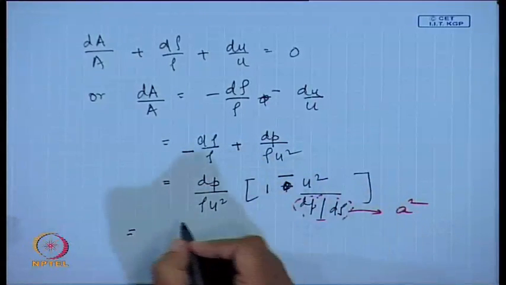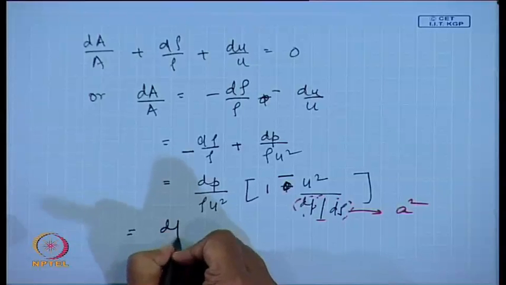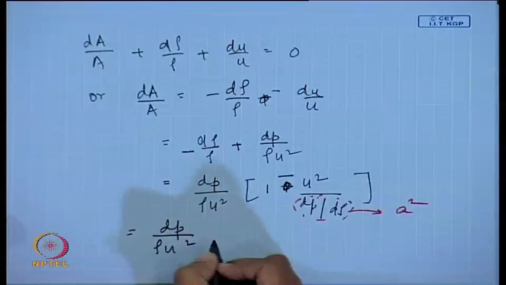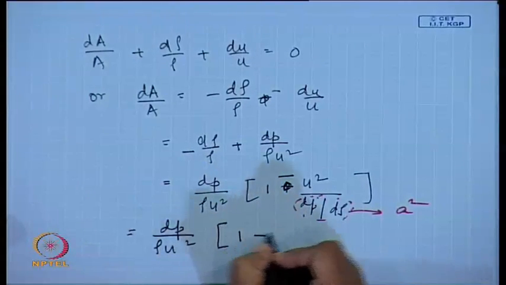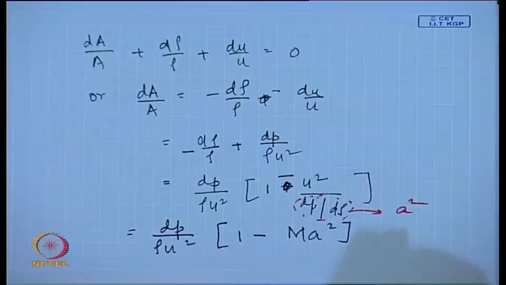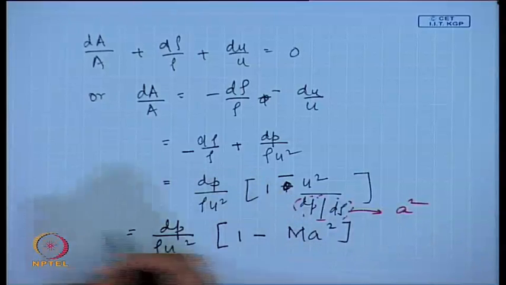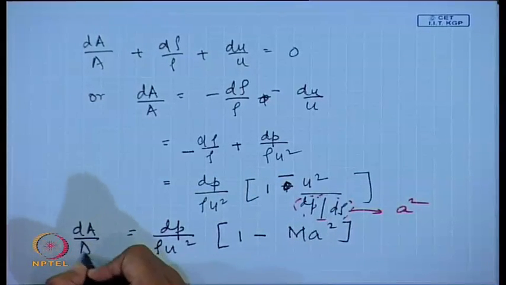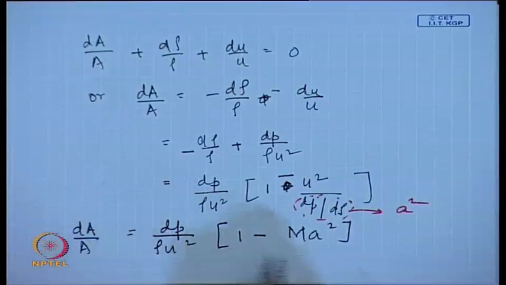So, this is the situation. Therefore, this can then be written as dA by A equals dp by rho u square times 1 minus M square, isn't it? So, we find that how pressure will change with area depends upon the Mach number.